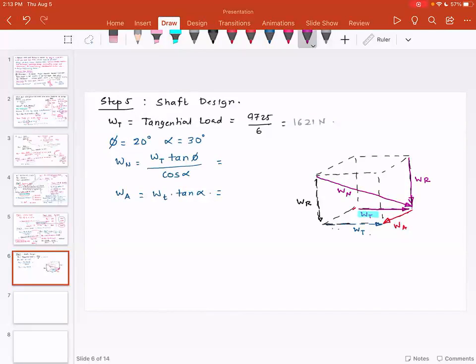So this guy, and this is Wt. If you were to take Wt tan phi, that gives you the component in one plane.